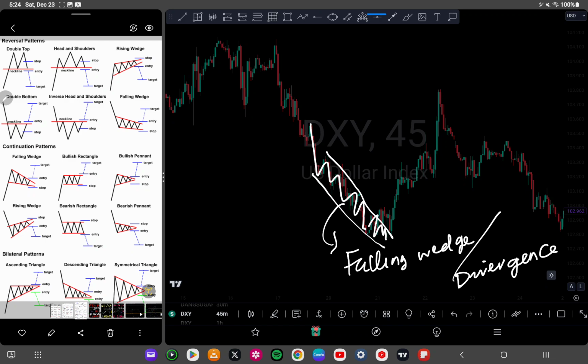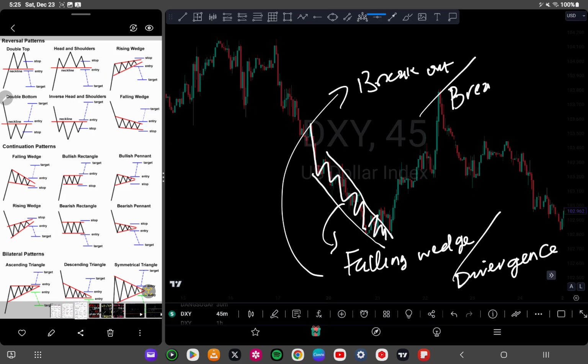And for us to have more confirmation around this falling wedge, we need some sort of breakout, break and retest, for us to know if we're going to continue to push to the upside.